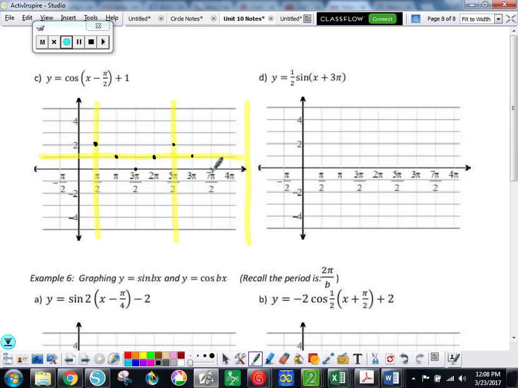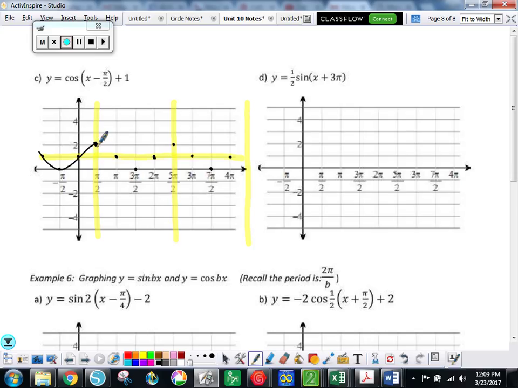Can I just draw the midline? Yeah. It will be helpful for me when I grade this to see the midline and to see the period shown, at least one.